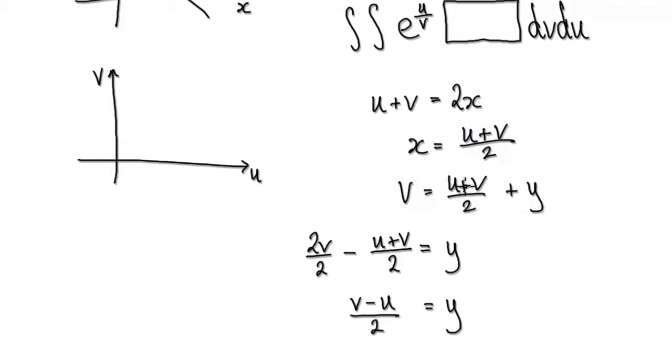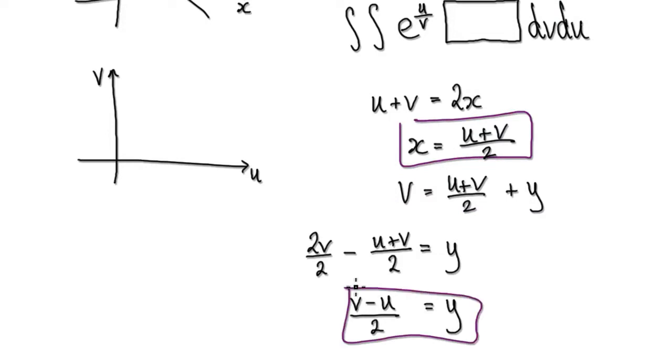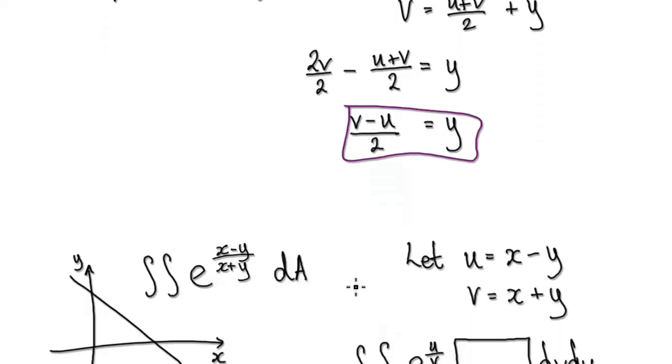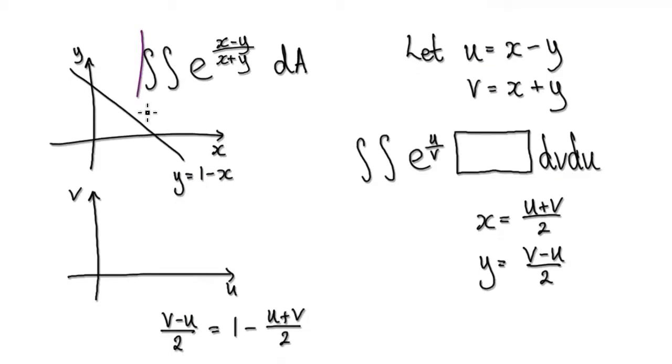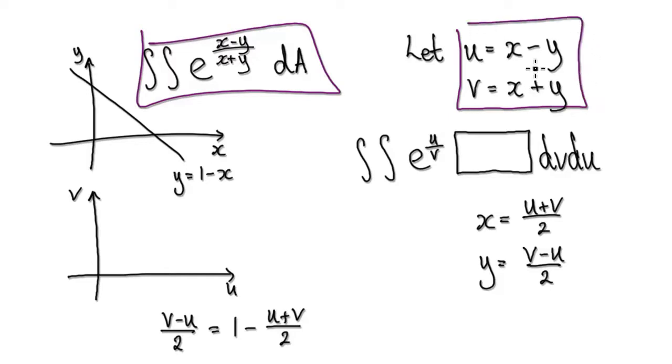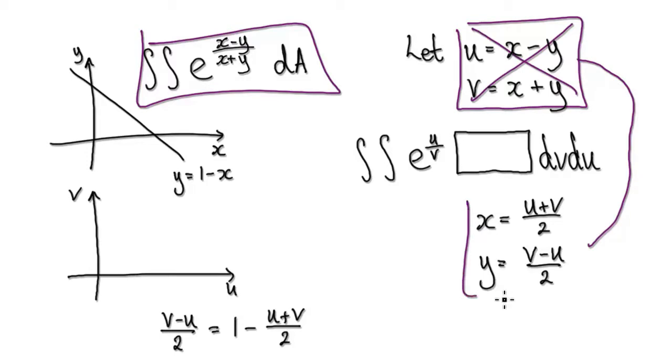Now we've got x and we've got y. So let's start again. We start out with this, apply this transformation, and then we abandon this and work in terms of x and y. Okay, so now let's investigate what happens to our region.